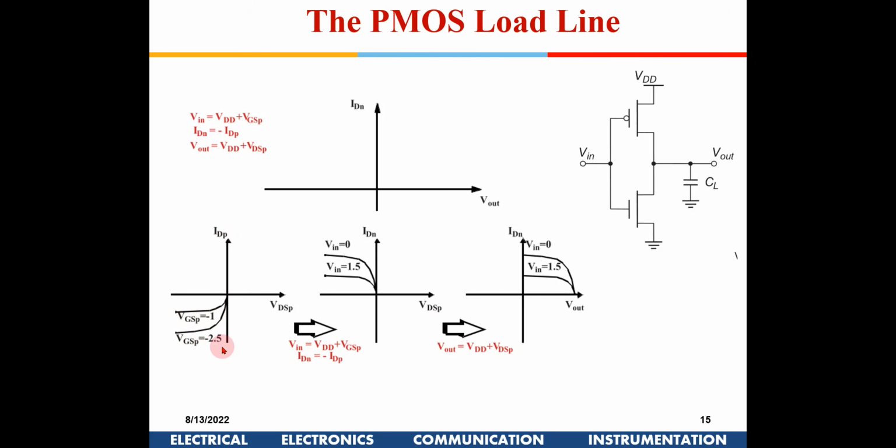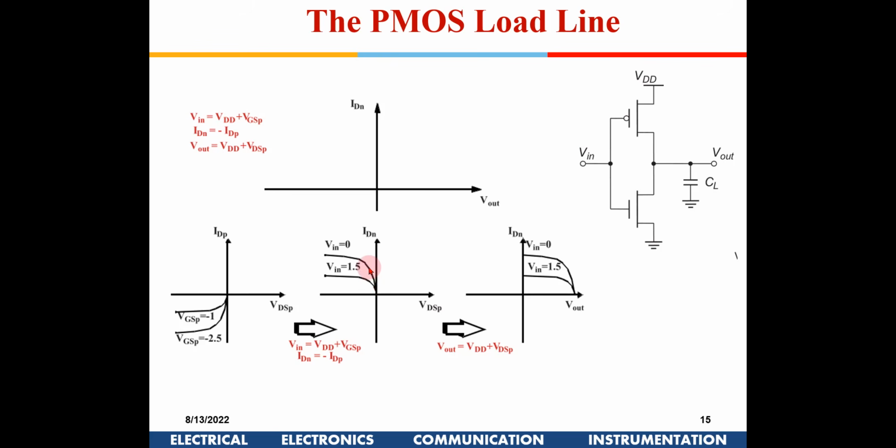If I draw it, ID is plotted. That is why it is negative out here. And now if I try to plot the current like this itself, I can invert it. So this will go onto the top, right? Now if you see here, for V in equal to 0, VGS is going to be the maximum.